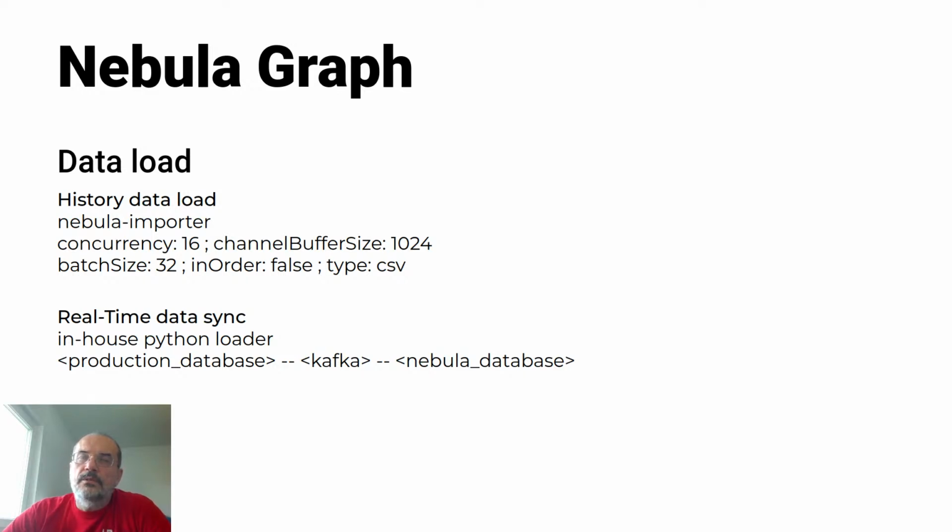It is tunable. We can tune concurrency, how many parallel workers we can have. We use CSV files as a source, and also we can tune batch size. When we insert record by record, it can be relatively slow, but if we insert in batches, then we can increase the throughput.